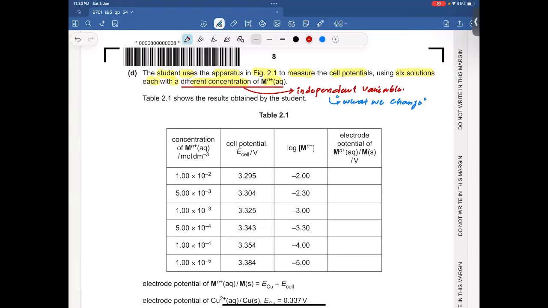So basically, we are going to measure this one, so this is going to be the dependent variable, because what we measure is the dependent variable.